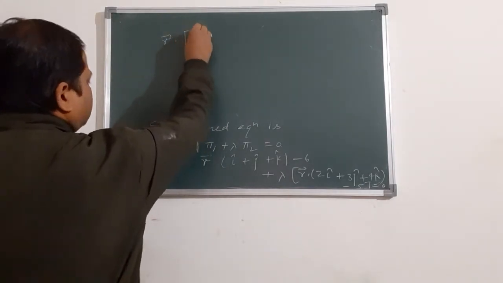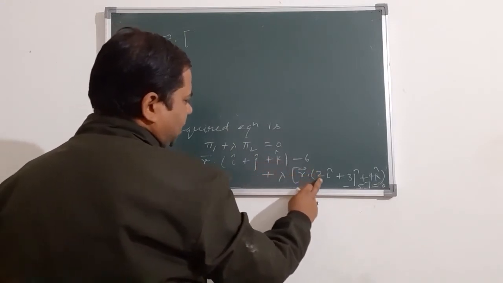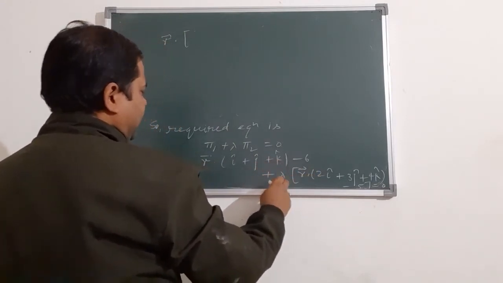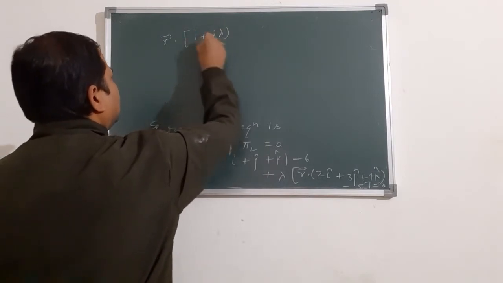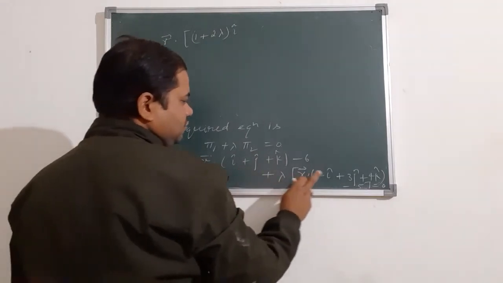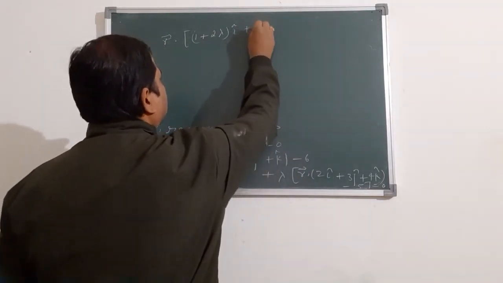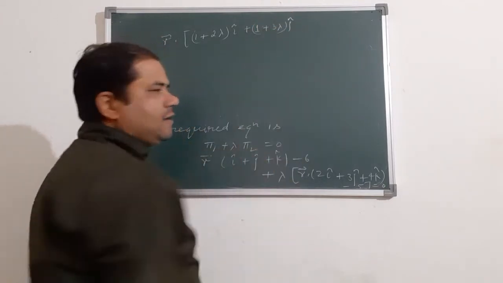Okay, see, r dot (i cap plus j cap plus k cap) plus lambda times (2i cap plus 3j cap plus 4k cap). So r dot ((1 plus 2 lambda) i cap plus (1 plus 3 lambda) j cap plus (1 plus 4 lambda) k cap).